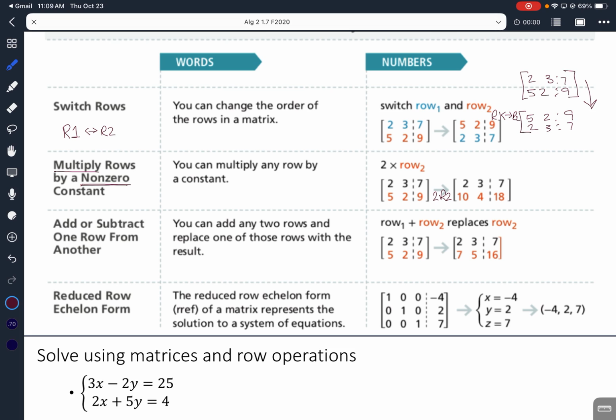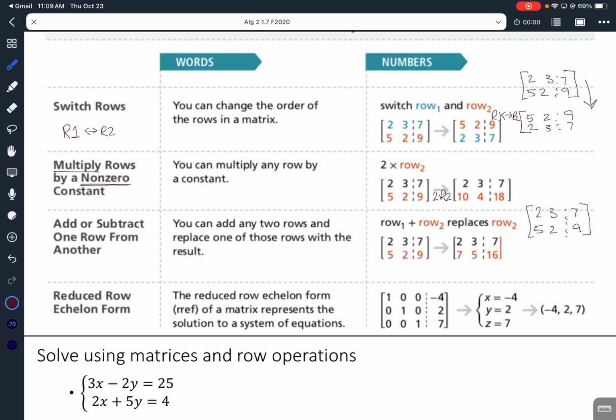The next thing we can do is add or subtract one row from another, and it changes the second one. In this case, we have 2, 3, 7, 5, 2, 9.